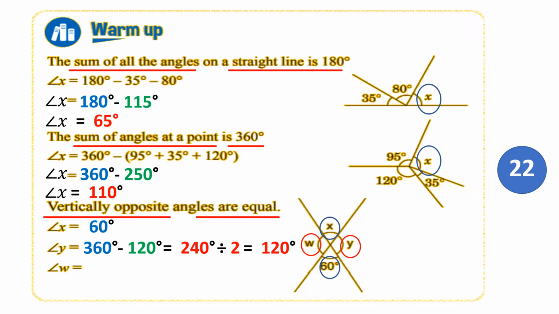For angle w, it is also the same as angle y. They are the same. That's why if you add angles w and y, you get 240. Then your answer for angles w and y is 120. Correct, students? Okay, now let's move to your proper lesson.